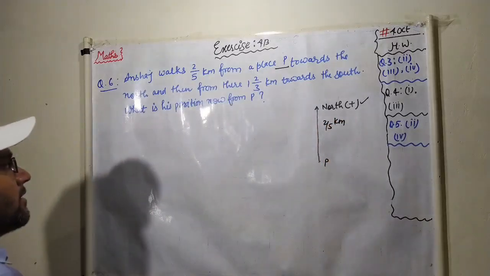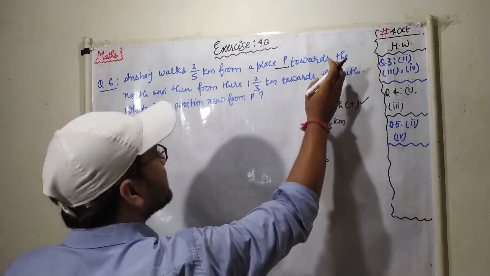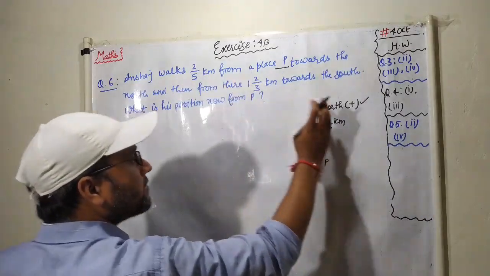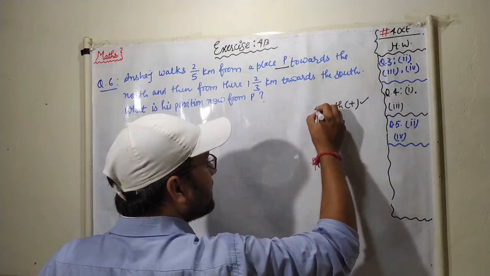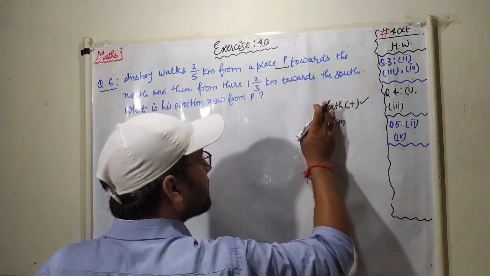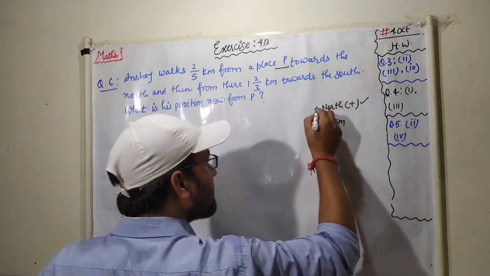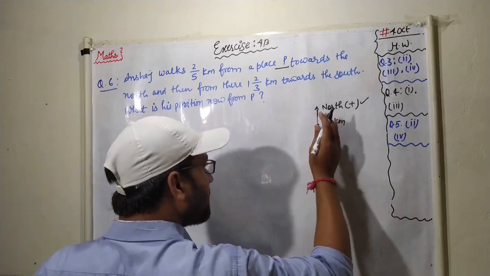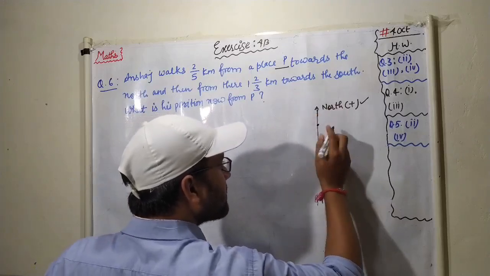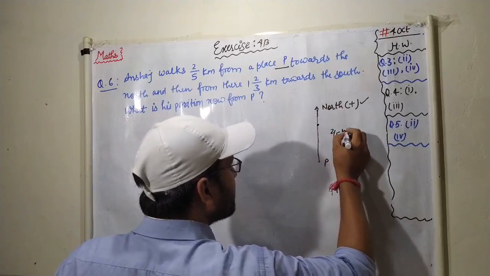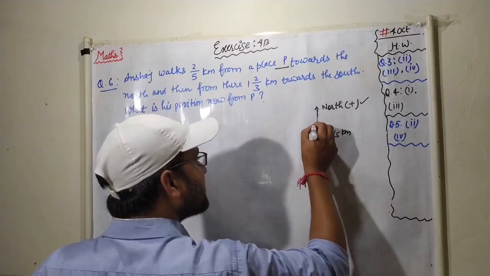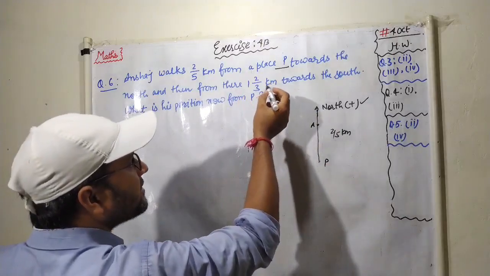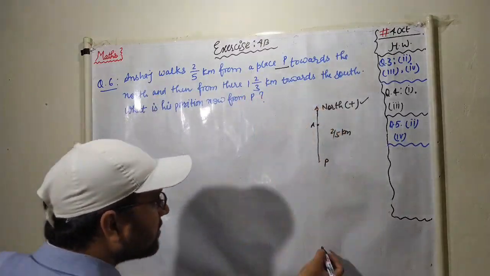Okay. From point P, he reaches at a point, 2 by 5 km, at point A. From A, 1 whole 2 by 3 km towards the south direction.